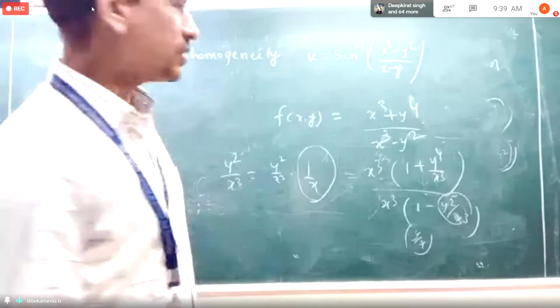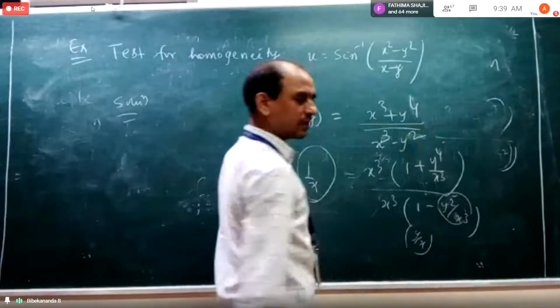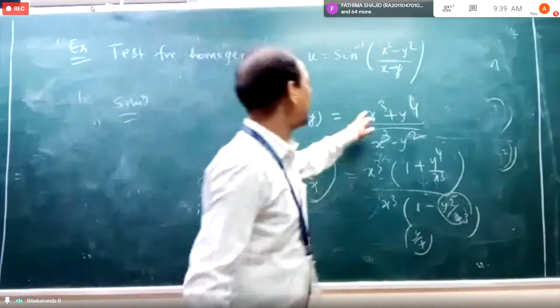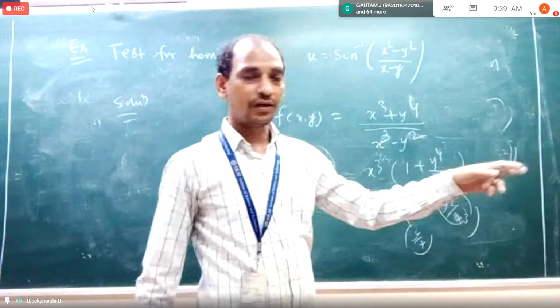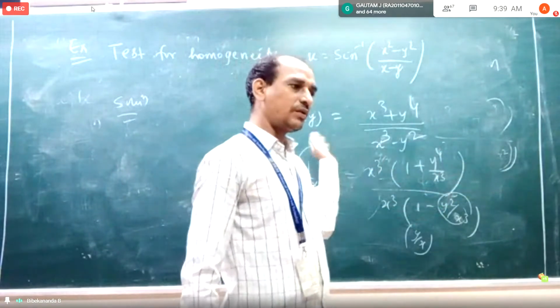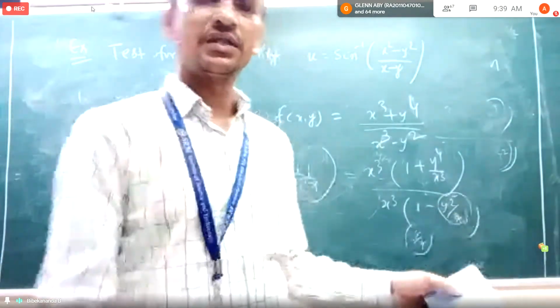In shortcut, if the degrees of the numerator terms are equal, say 3 and 3, and the degrees of the denominator terms are equal, whatever the degree may be, then without any test you can say it is homogeneous.